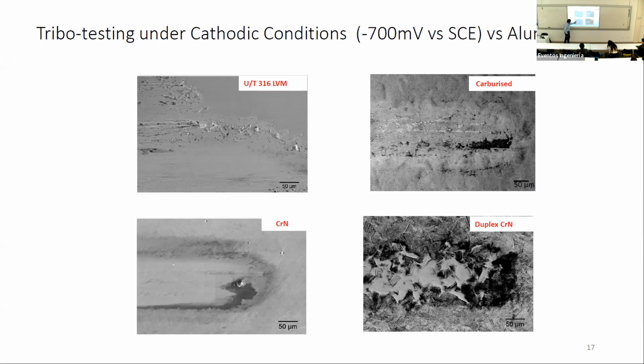Chrome nitride, we're getting a very smooth scar with some very fine debris. Again, the duplex, we're still seeing the topography of the carburizing underneath the chrome nitride layer, so the original topography. So in terms of damage under cathodic protection, we're seeing very little damage. But in this case, we're not allowing corrosion to happen.